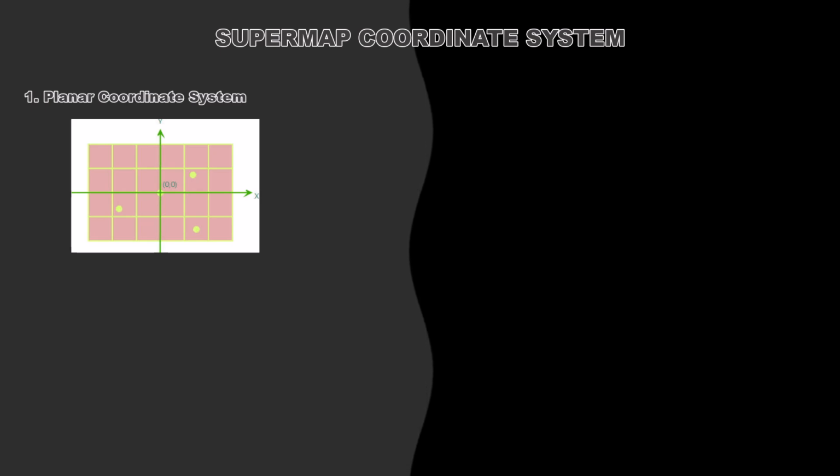For example, CAD files, scanned picture of a paper map, a sketch map that is relative to geographical location. Planar coordinate system is a two-dimensional system. The coordinate of its origin is 0, 0, and the coordinate of other points can be measured by the vertical distance from the point to x and y axis.